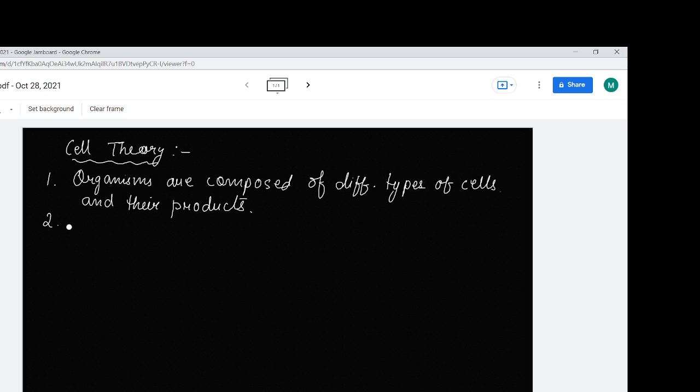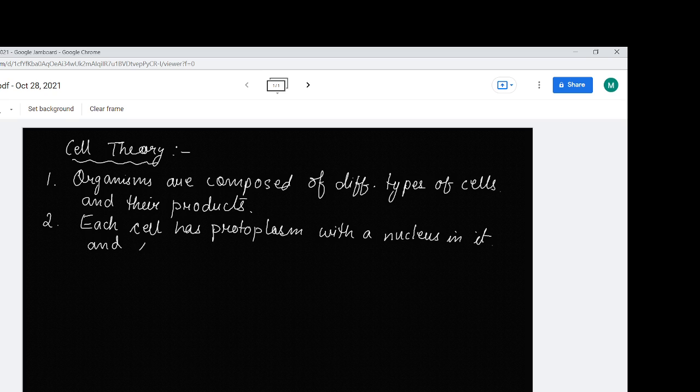Then the second point is each cell has protoplasm with a nucleus in it, and surrounded by plasma membrane.